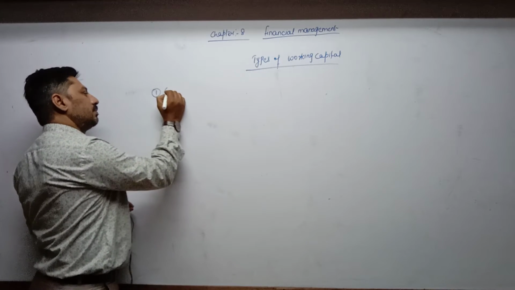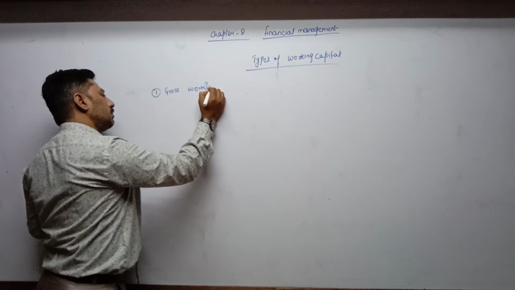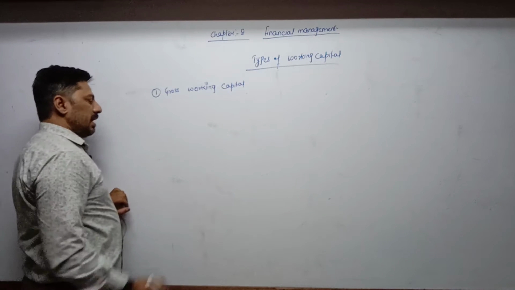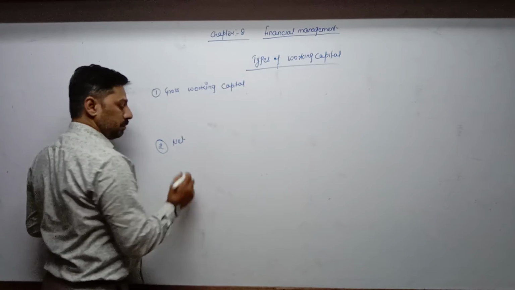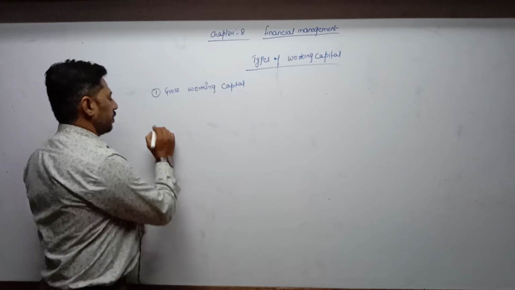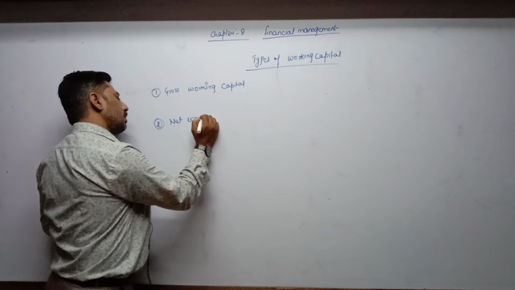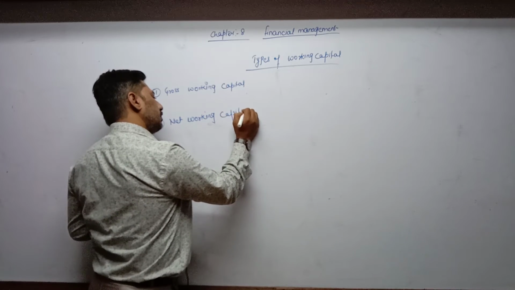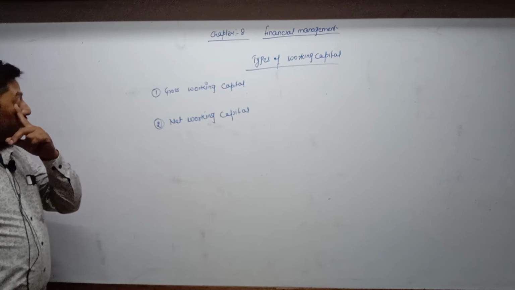One is gross working capital, and the second one is net working capital. Gross working capital and net working capital. These are the two types of working capital.